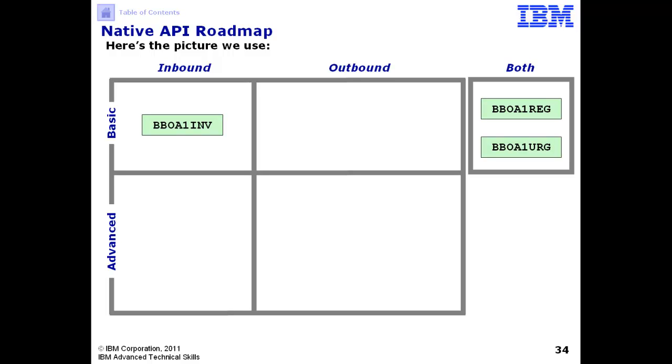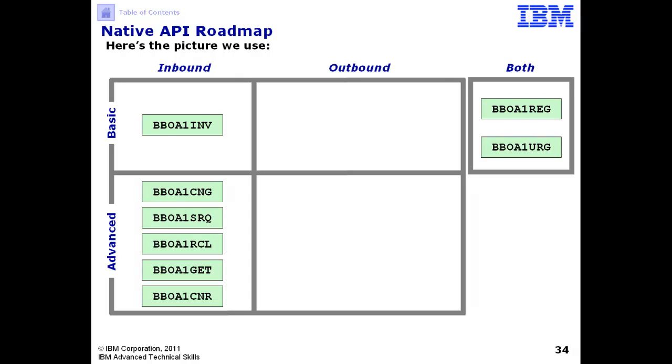For inbound basic, there is one API, BBO-A1-Invoke. That single API can be used to drive an EJB in WAS over and over again. For inbound advanced, we see 5 APIs. They are BBO-A1 Connection Get, BBO-A1 Send Request, BBO-A1 Receive Message Length, BBO-A1 Get Message, and BBO-A1 Connection Release.